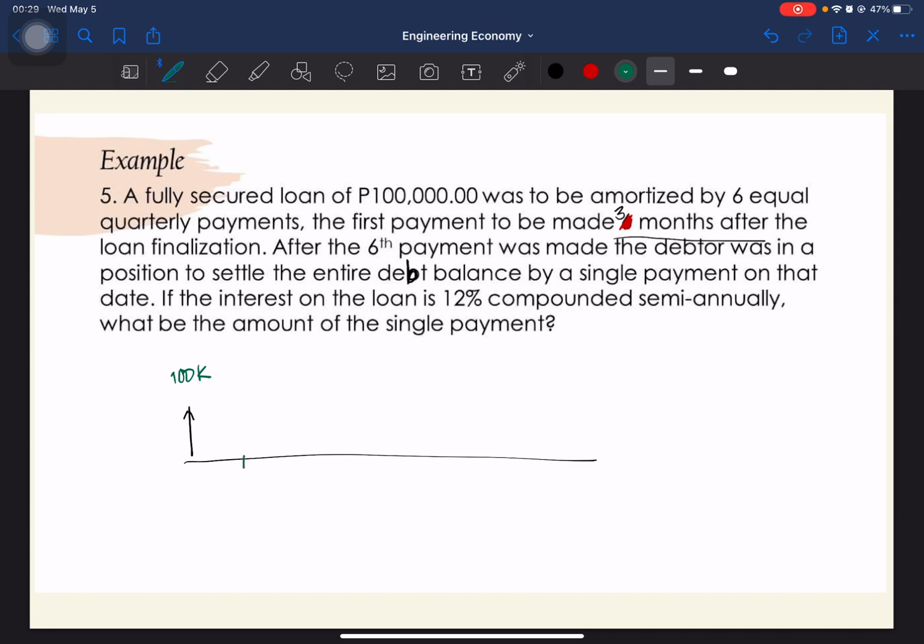Now, the first payment is 3 months after. Ibig sabihin, the first payment is 1 quarter after the loan finalization. When you say loan finalization, makukuha mo na yung loan mo. Okay? So, this is your first payment. Magkano yan? Walang binanggit.